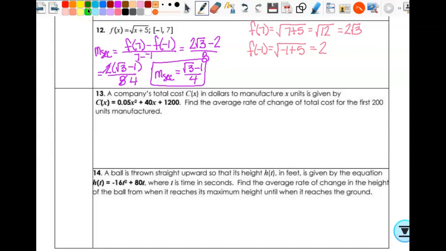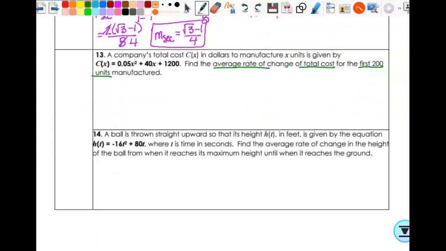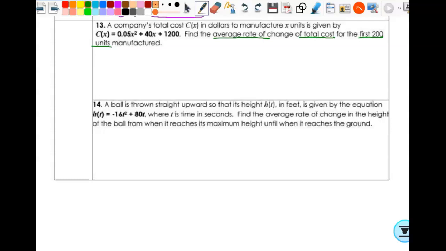Let's look at 13. A company's total cost, C of X in dollars, to manufacture X units is given by this equation. Find the average rate of change of the total cost for the first 200 units manufactured. All right. So what is my interval then? What do we start with? 0.